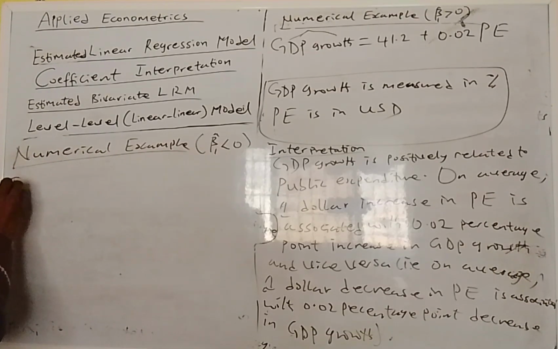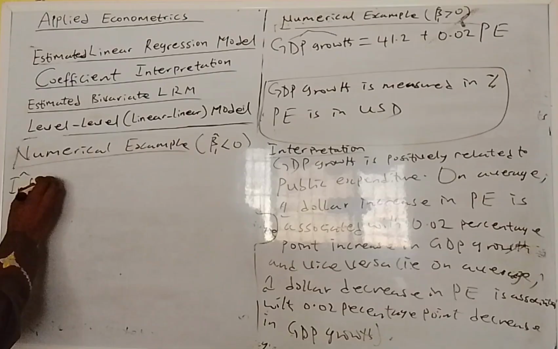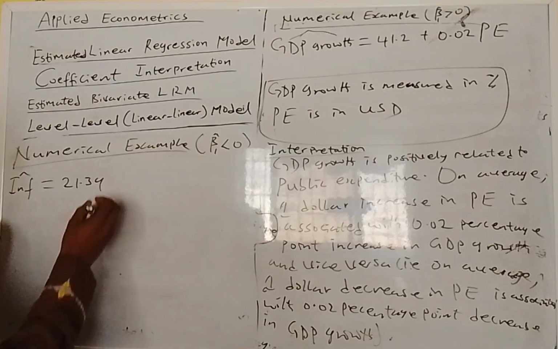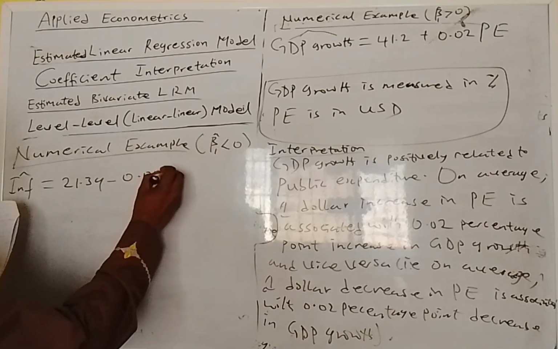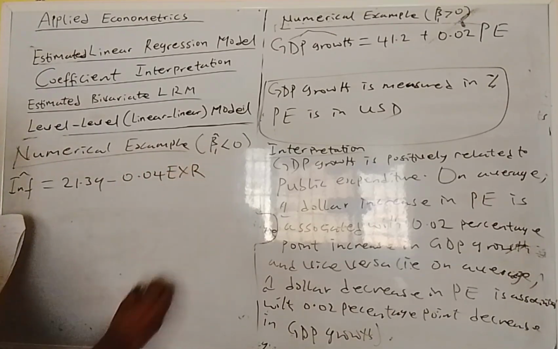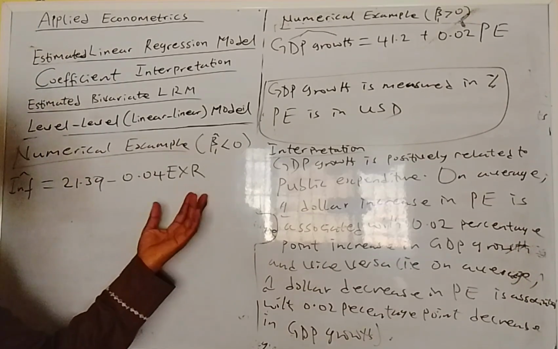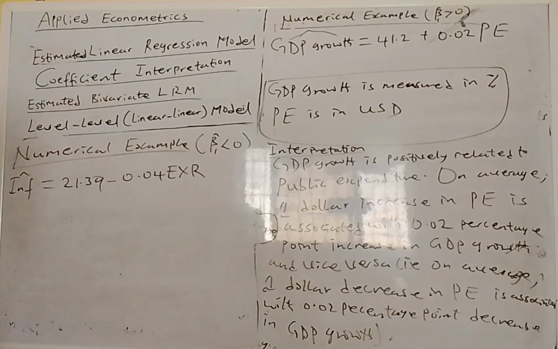Let's say we have inflation that has been run on exchange rate. Let's say we have the intercept as 21.39, we have minus 0.04 exchange rate. This is our estimated model. So we know that inflation is measured in percentage. Inflation is always in percentage, but exchange rate is not in percentage. It is a ratio of a country's currency to the unit of another country's currency.